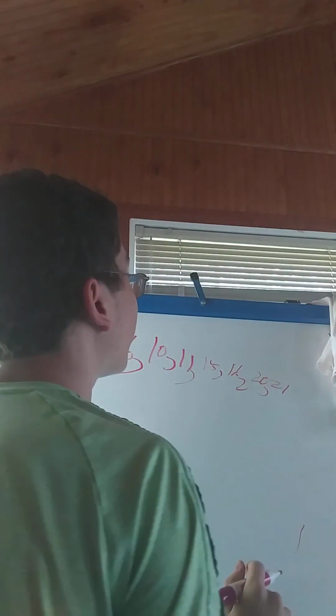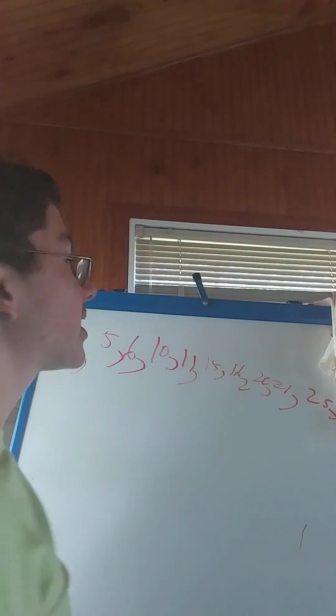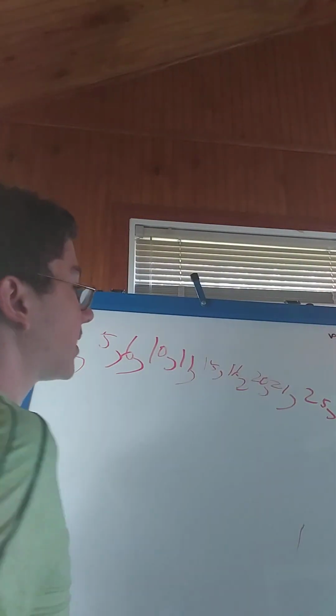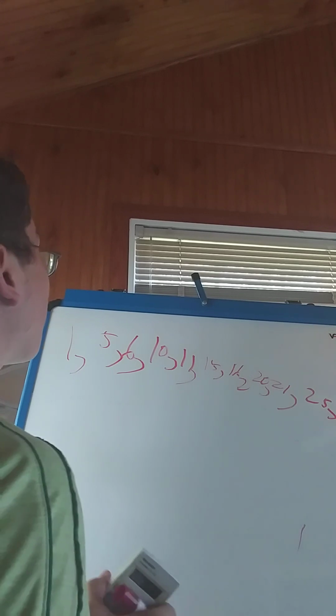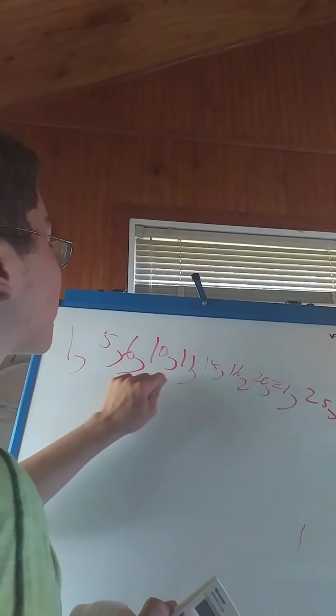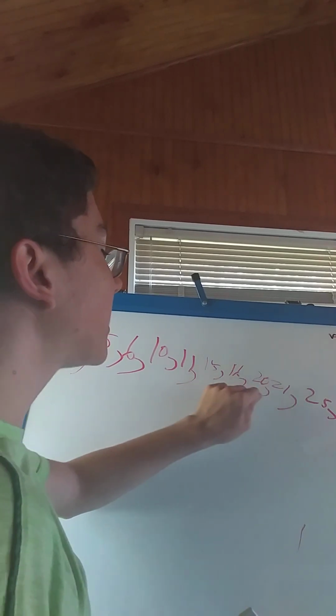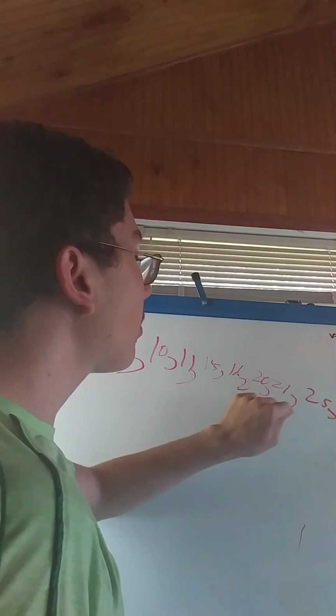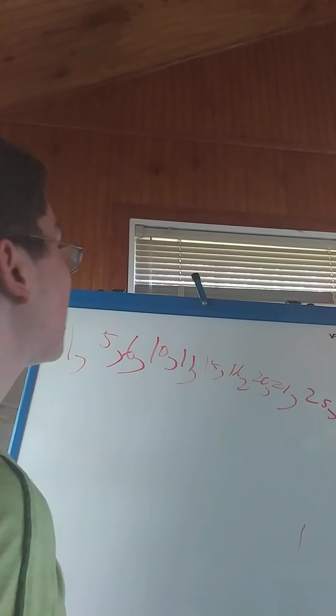You see the pattern with the numbers. 23, 24, 25, 26. Okay, so this is our next pattern of numbers. So, 1, 5, 6, 10, 11, 15, 16, 20, 21, 25, 26.